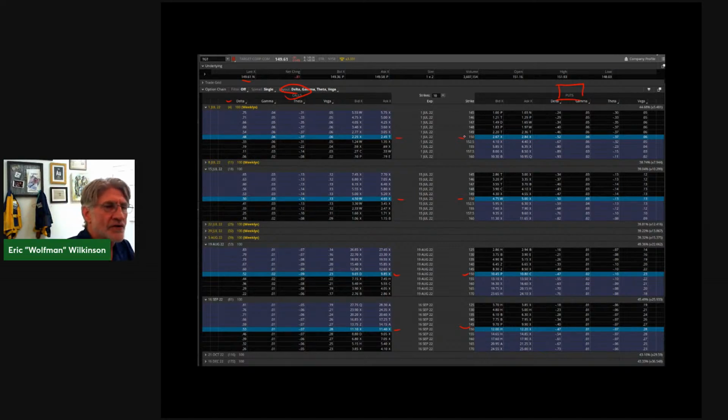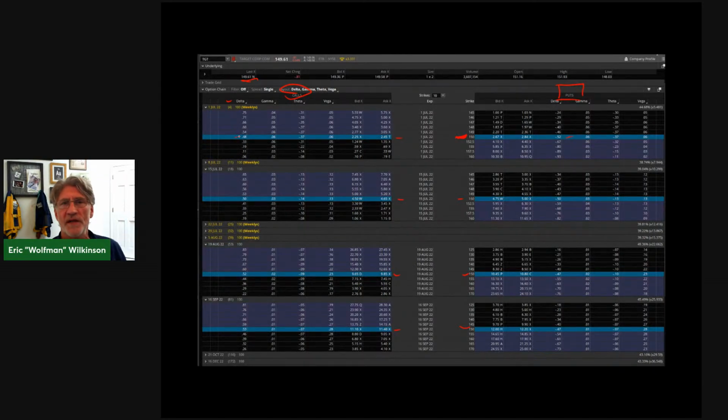Near term, the skew to me is to the downside, right? Because look, it's trading just below 150. We should be a little bit less of a delta than 50. This one should have been a little bit more.